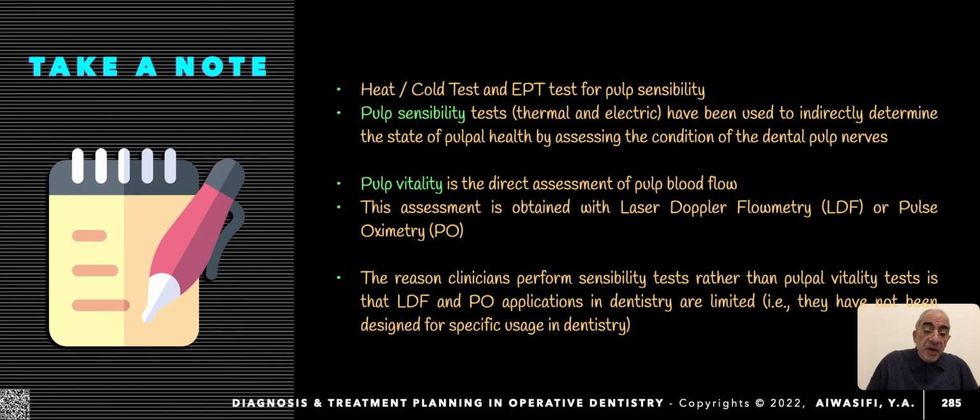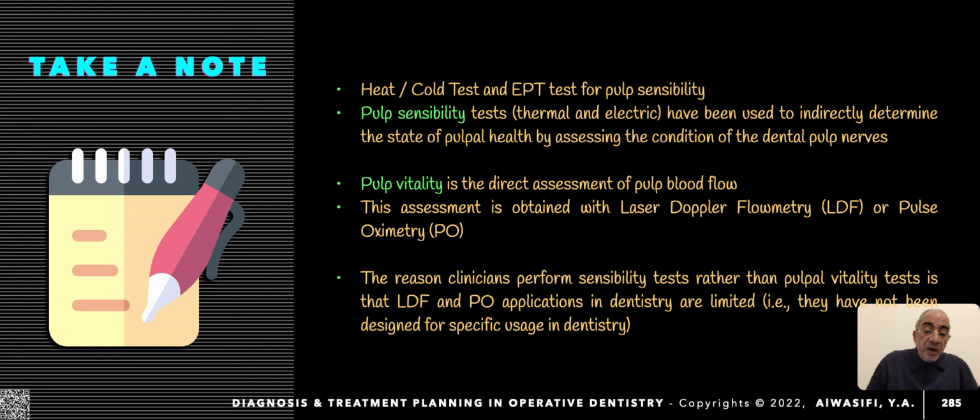But the term vitality, the true vitality, is related to the blood flow and how much it is oxygenated. That's why pulp vitality is a direct assessment of pulp blood flow.